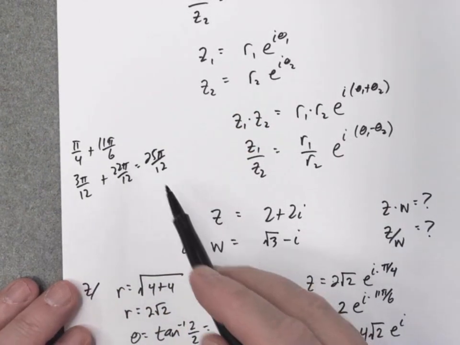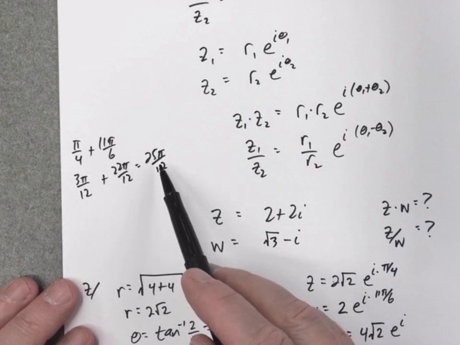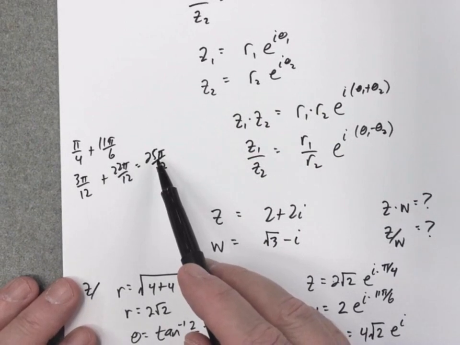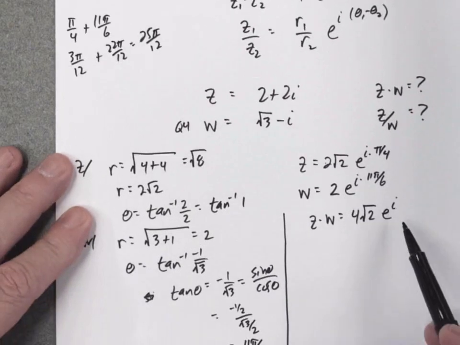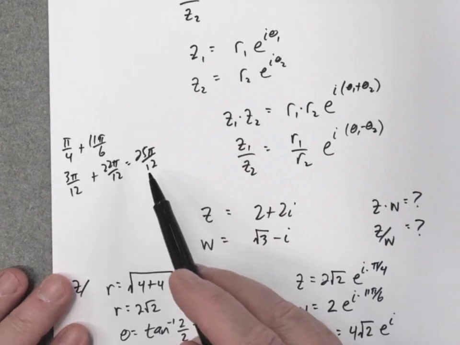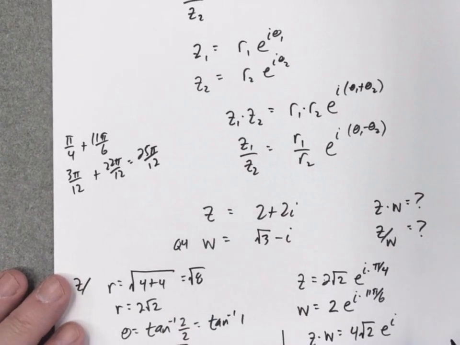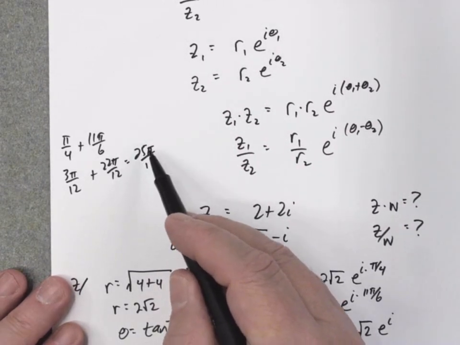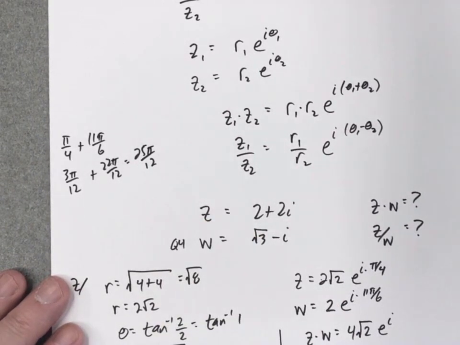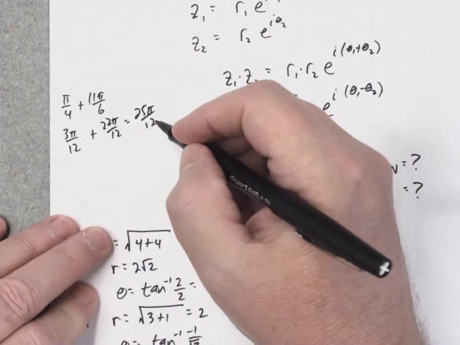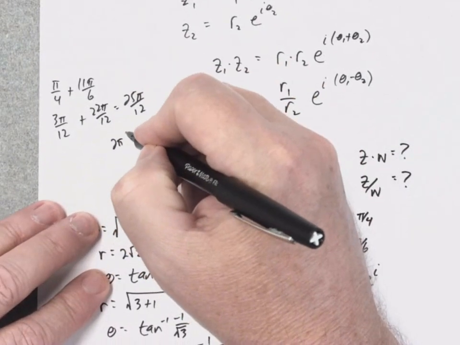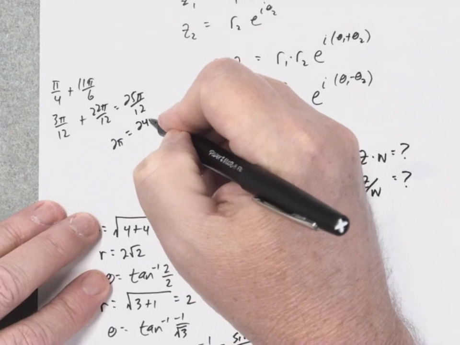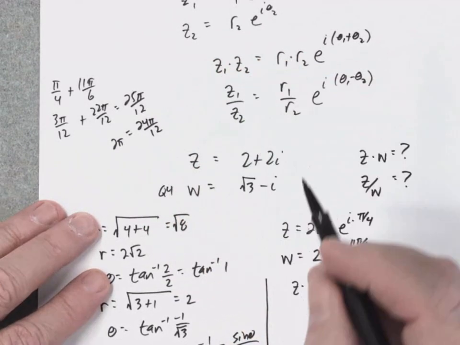Now, it's a little tricky because you think you're done and you want to plug in 25 pi over 12, but actually in the problem they want the angle to be between 0 and 2 pi. And this is larger than 2 pi, because 2 pi would equal 24 pi over 12.